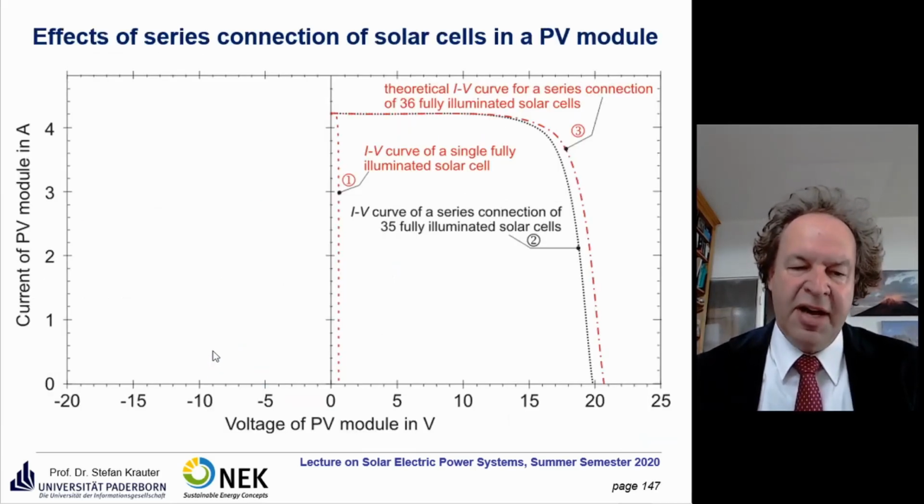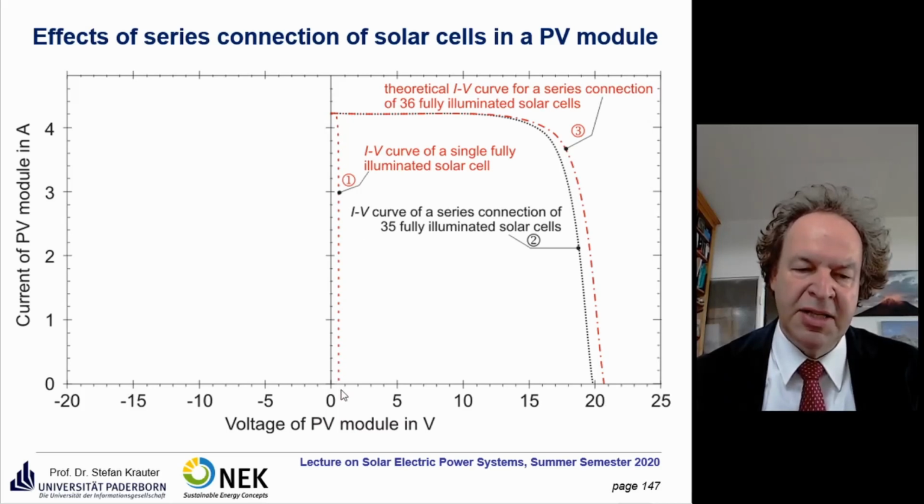Here we see the effect of the interconnection of solar cells. This is compared to the other IV curve, which was at 1 volt at maximum. Here we have 5 volts as maximum. The voltage of a single cell is very small here.